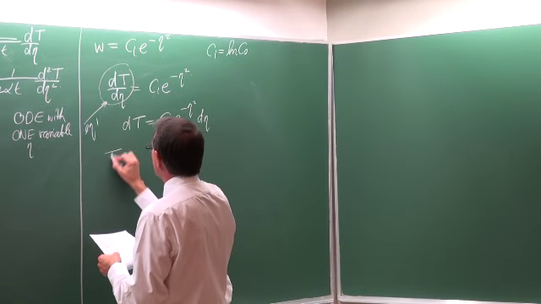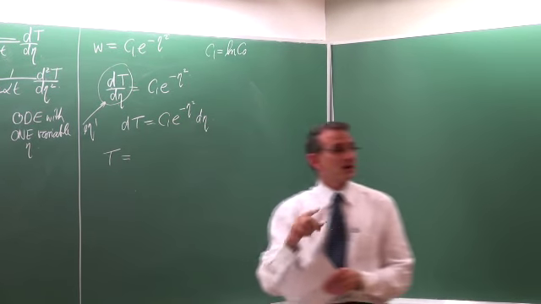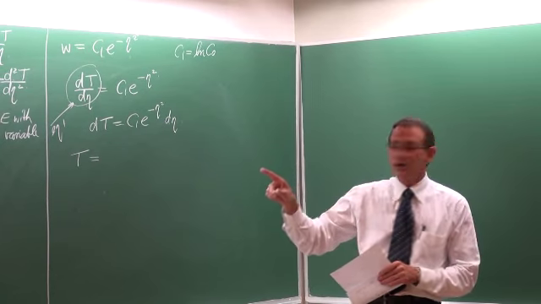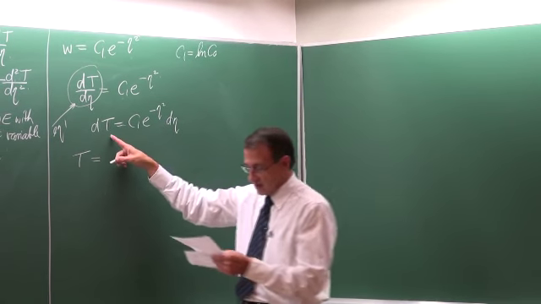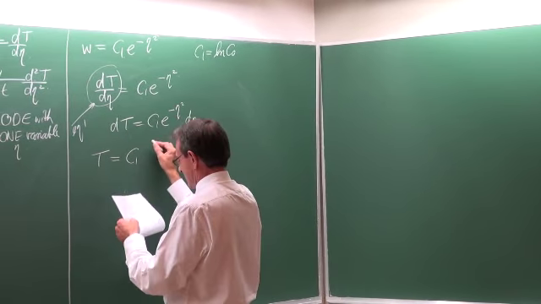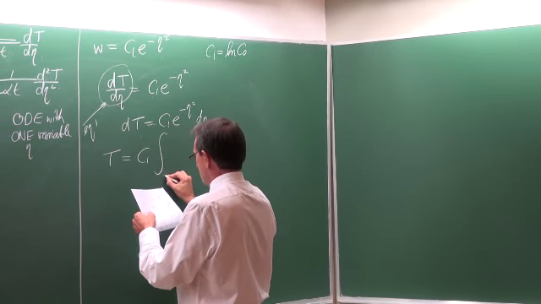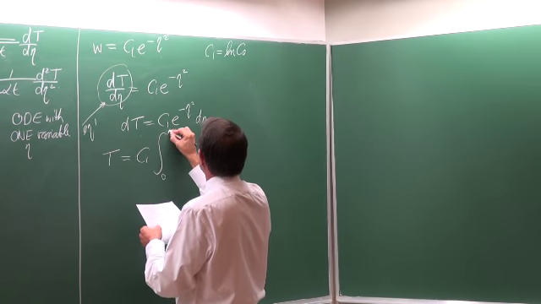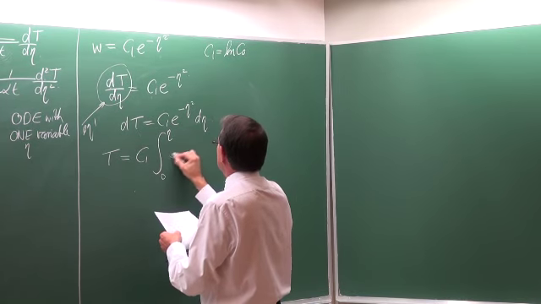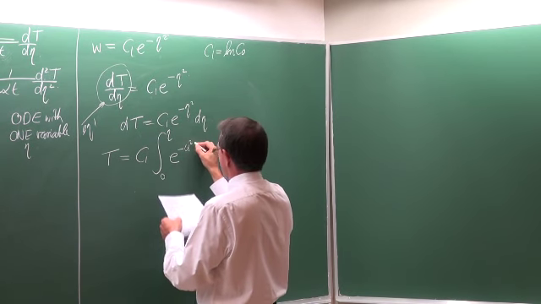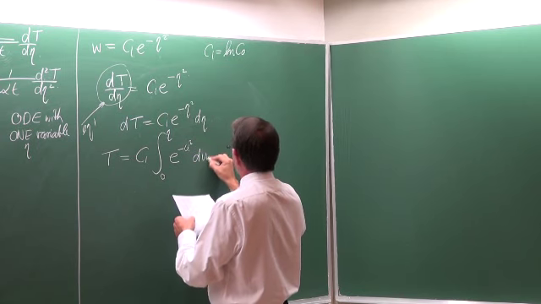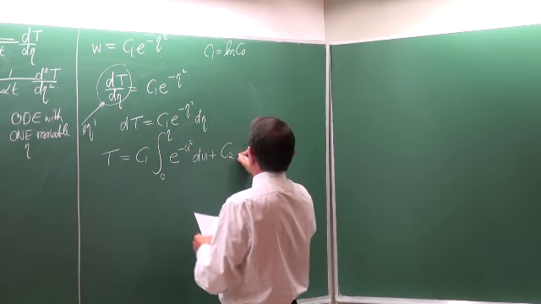And now, take note. The temperature, if we do the integration now, we get the temperature here, is equal to C1 multiplied by the integral of 0 to η e to the minus u² du plus C2.